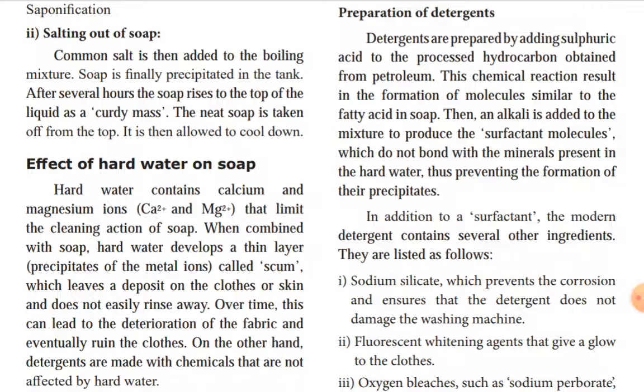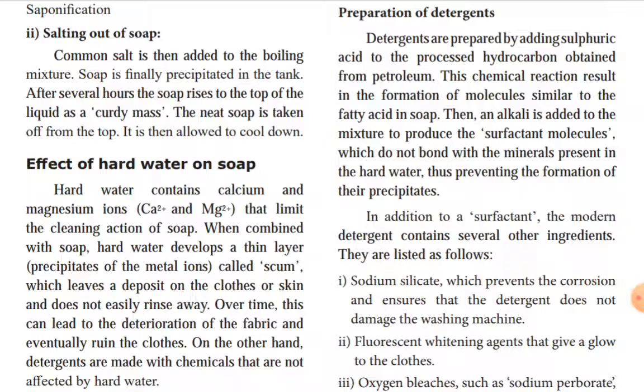The presence of this scum in the cloth is going to damage it, because gradually the cloth gets worse. Over time, this can lead to deterioration of the fabric and eventually ruin the clothes.